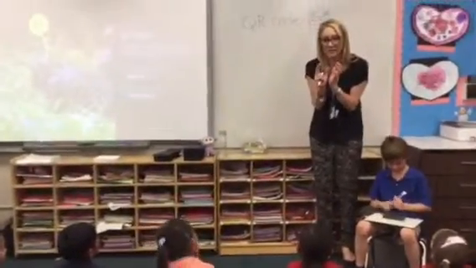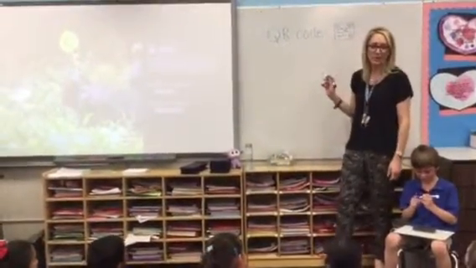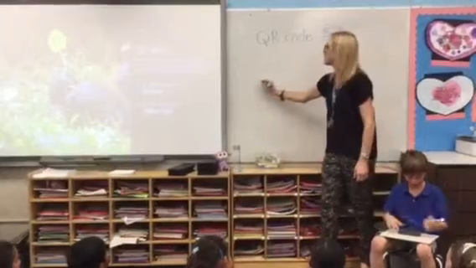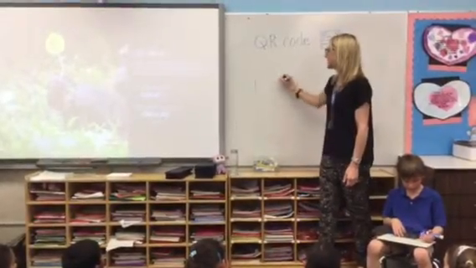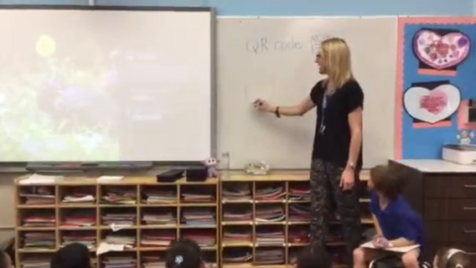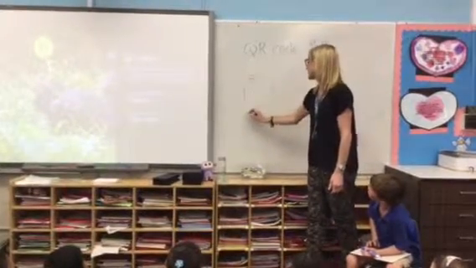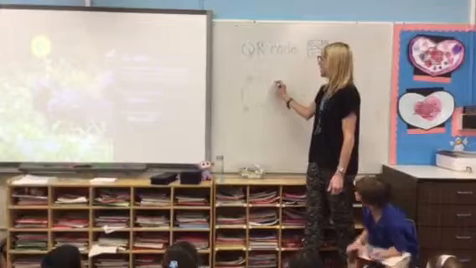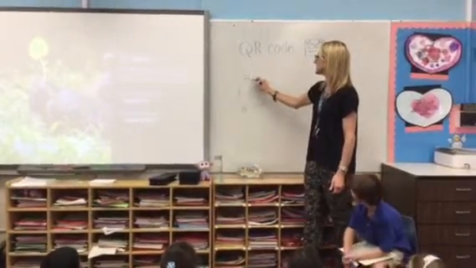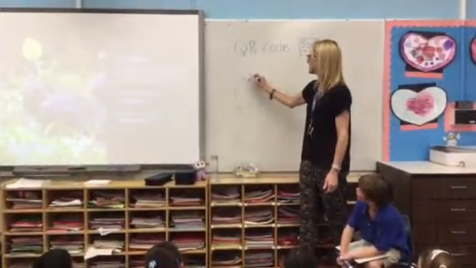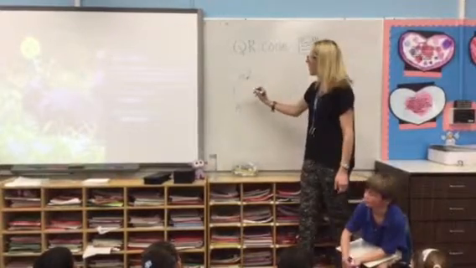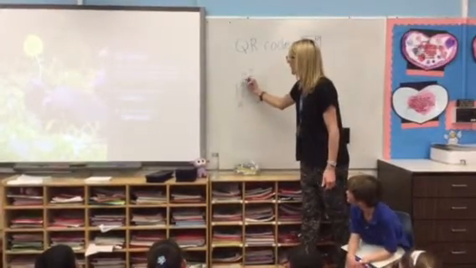It's a shortcut. Let's say you're going to your friend's house and you wanted to visit them, and you have to walk all the way around. Here's their house. Here's your house. You have to go all the way around the block to see them. Hi, friend. A QR code gets you there quicker.